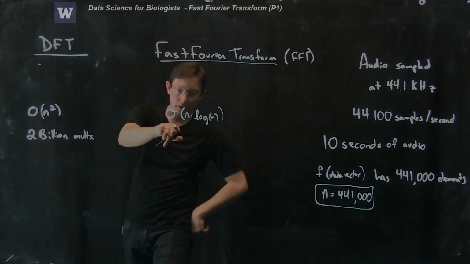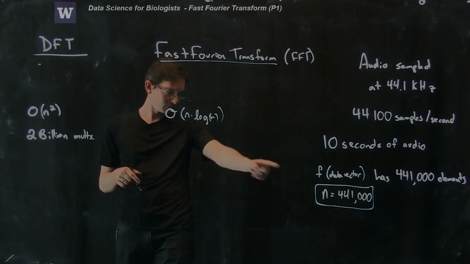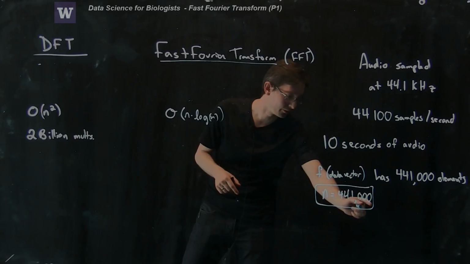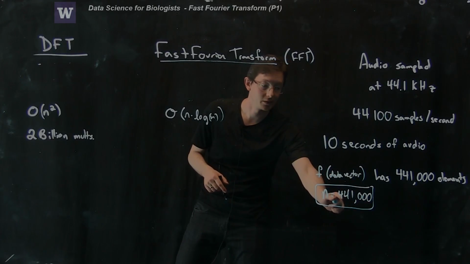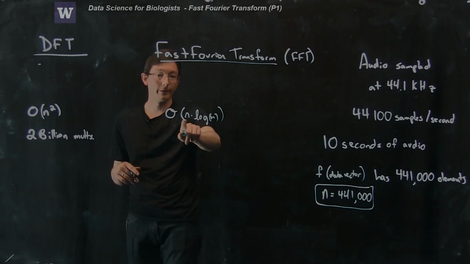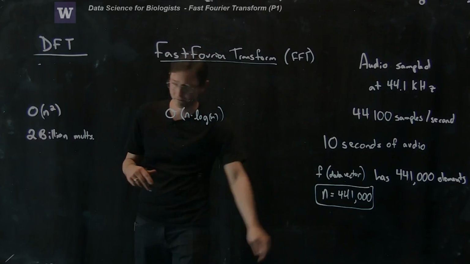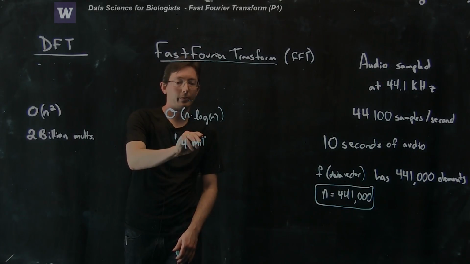Whereas for the fast Fourier transform, because this is an order n log n, log of this number is about 1, 2, 3, 4, 5. So log of this n is about 5. So this is on the order of 5 times n. And this is only about 1/4 of a million multiplications.